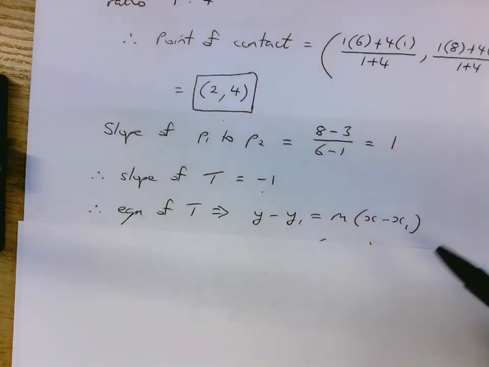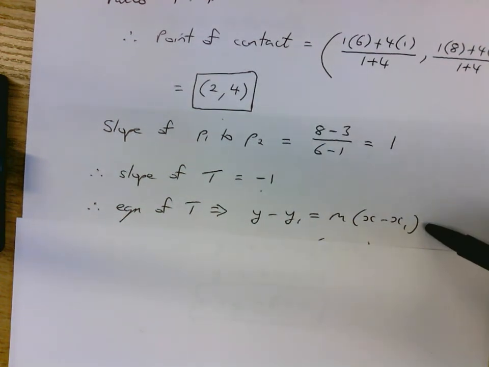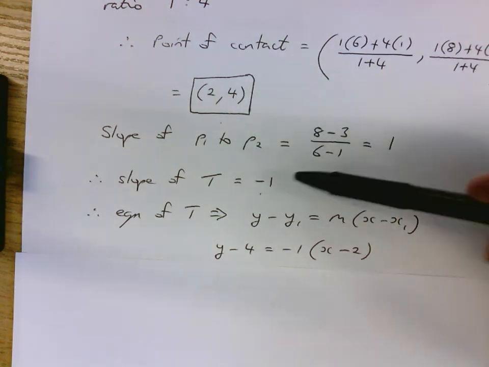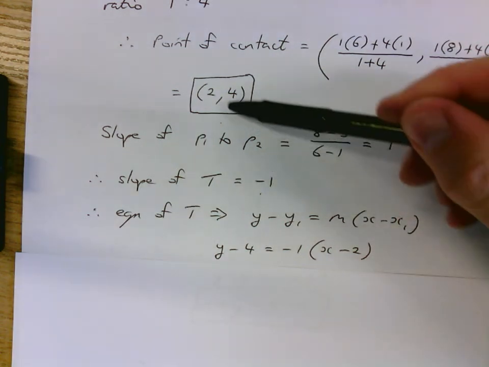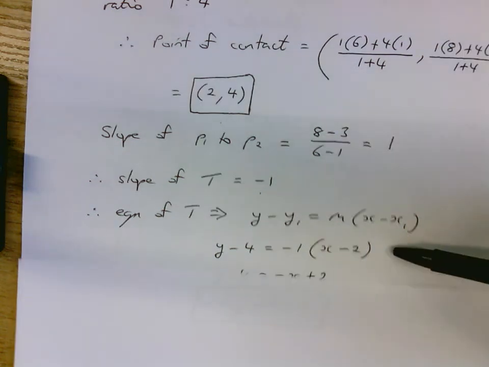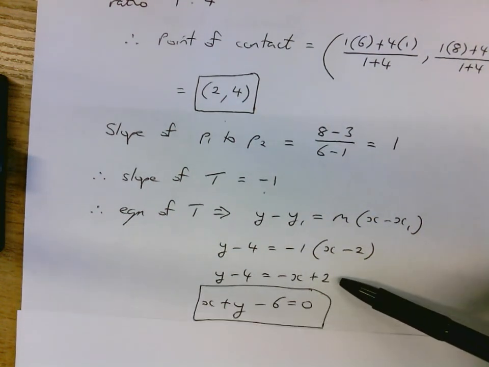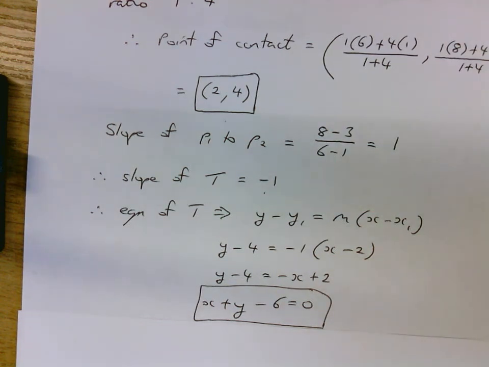I'm using the formula from the tables book. y minus y1 is m bracket x minus x1, so y minus 4 equals minus 1 bracket x minus 2. And we tidy it up. y minus 4 is minus x plus 2, so x plus y minus 6 equals 0. And there's our equation of our tangent. Job done.